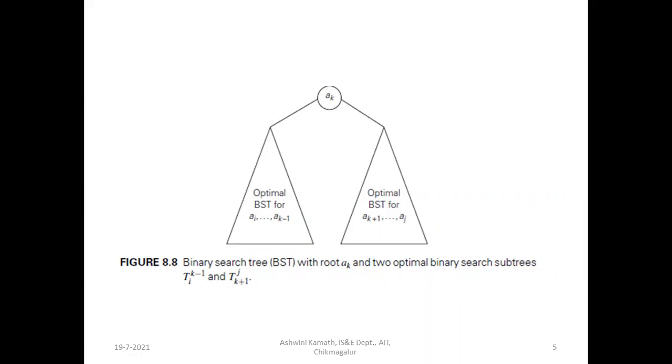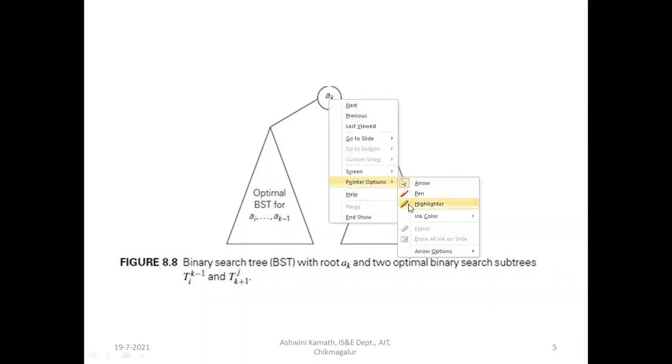The numbers given to the nodes on the left side will be i to k minus 1, and on the right side we have the tree with numbers k plus 1 to j. Here k is the number given to the root node.